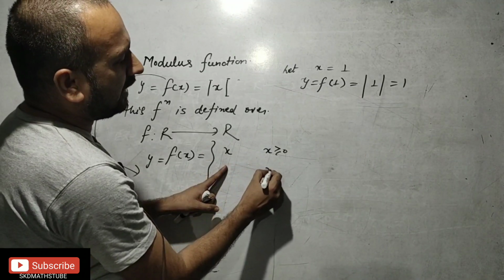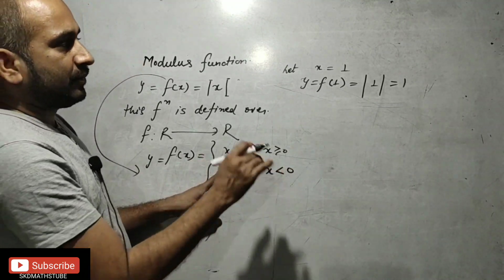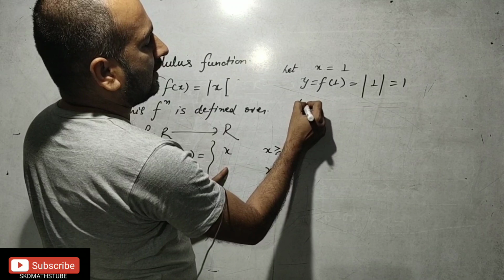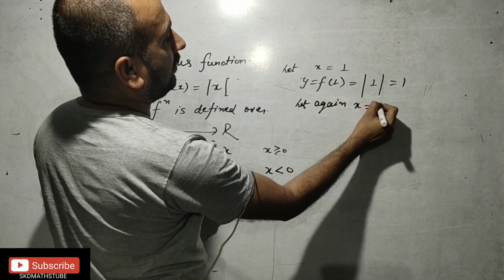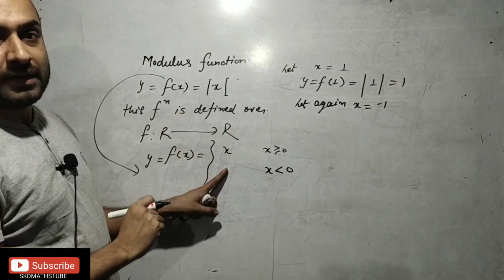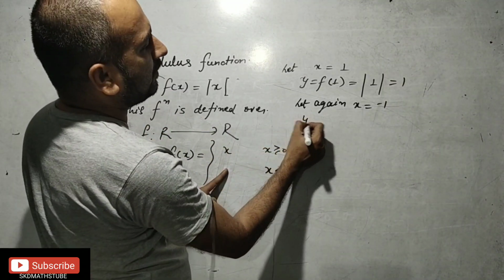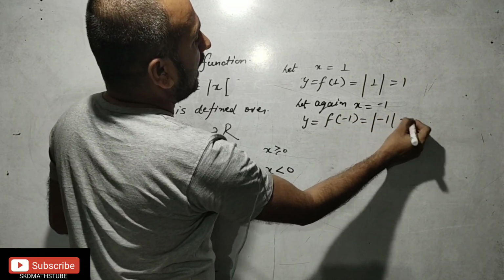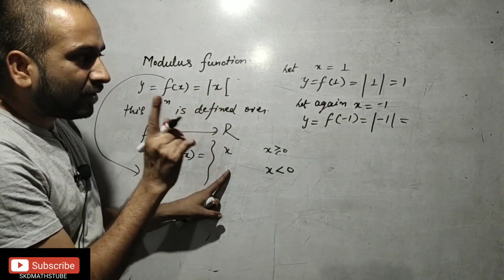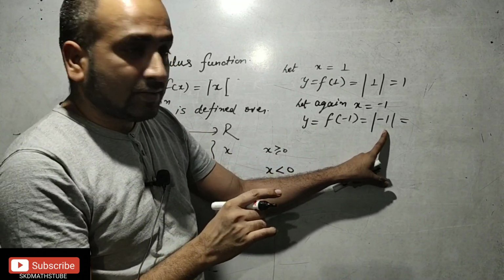Now if you take x less than 0, suppose again I take x equal to minus 1. What is the value of y? y is f(minus 1). The work of this minus is to convert to a positive value.